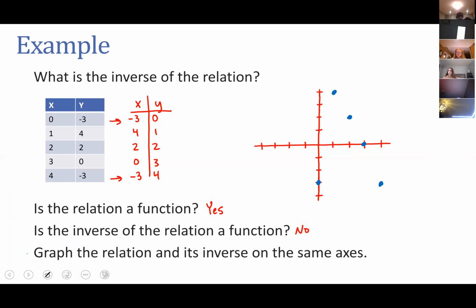And then I'm going to use green to plot the inverse. So (-3, 0), (4, 1), (2, 2), (0, 3), and (-3, 4).